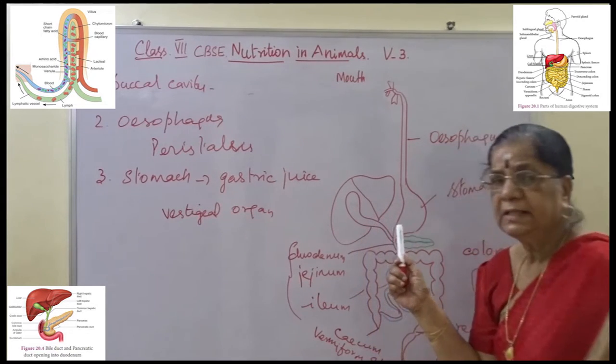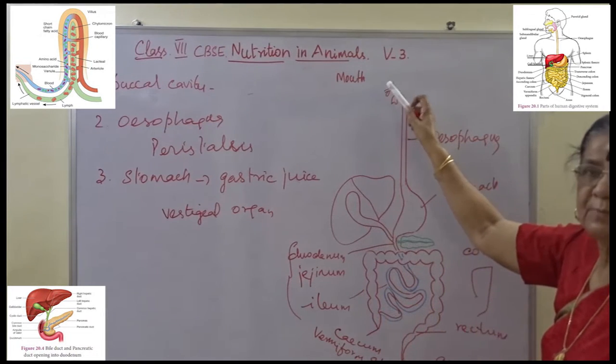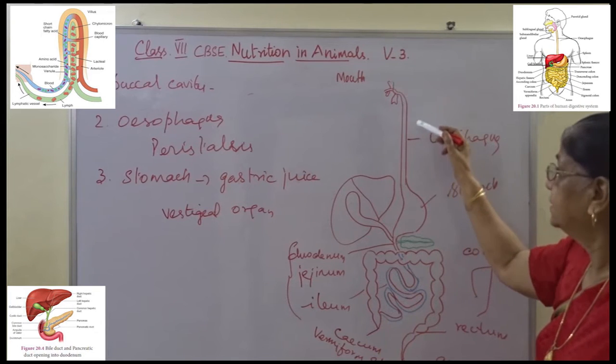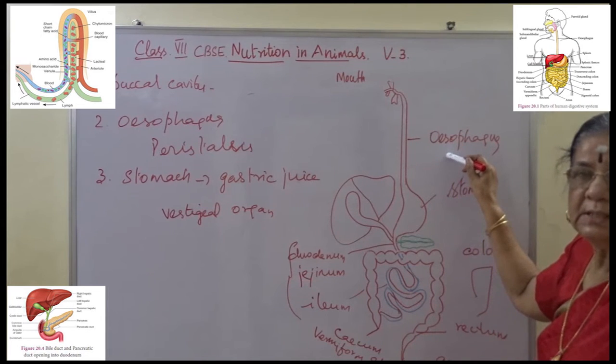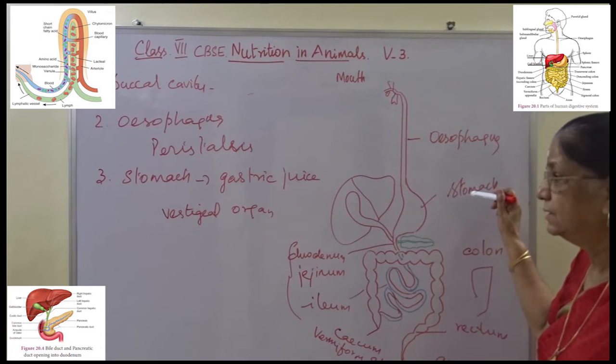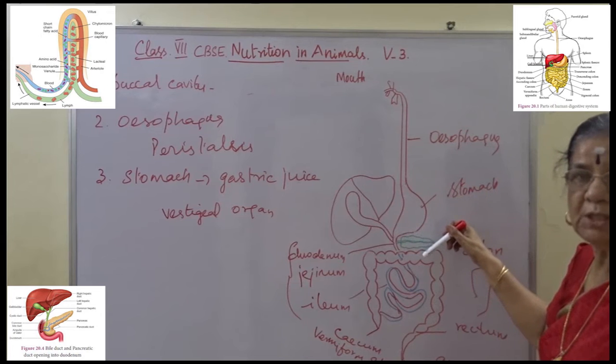So, the digestive system, I repeat, starts from the mouth, the buccal cavity, heterodont teeth, fleshy tongue with taste buds, continued as the food pipe or esophagus, which is continued as the stomach, and then the stomach continues as the small intestine.